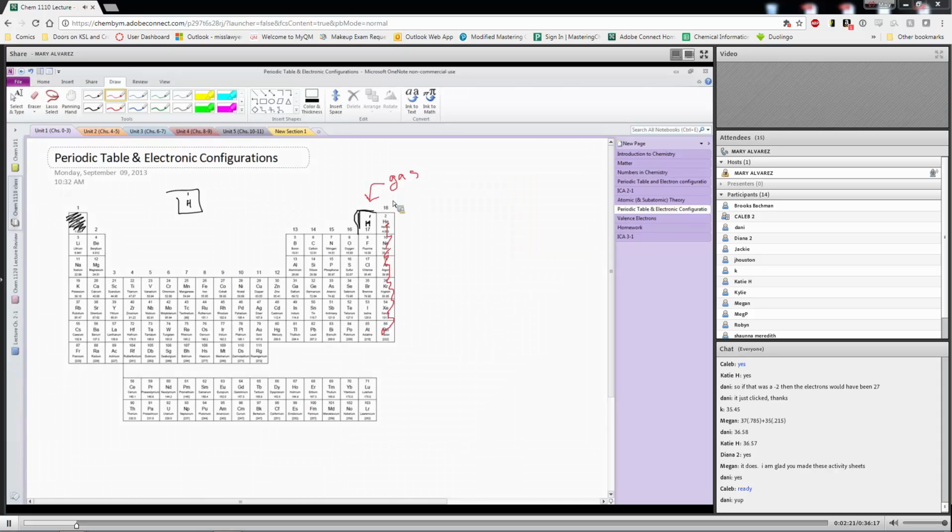And then our next element here, lithium, because they hadn't discovered helium yet. This is a soft reactive metal. Soft reactive metal. And our next one, beryllium, same thing, a little bit harder, still pretty reactive metal.